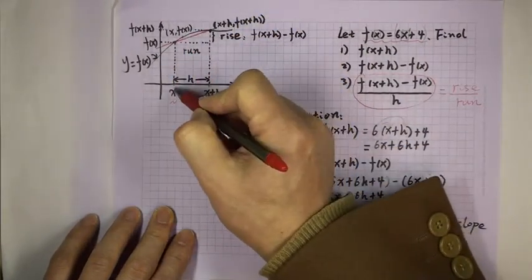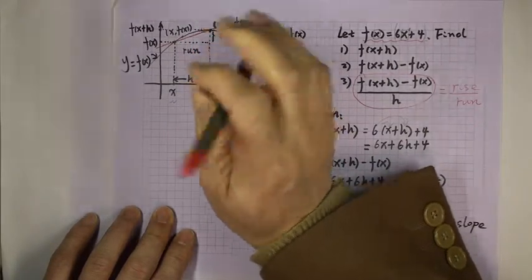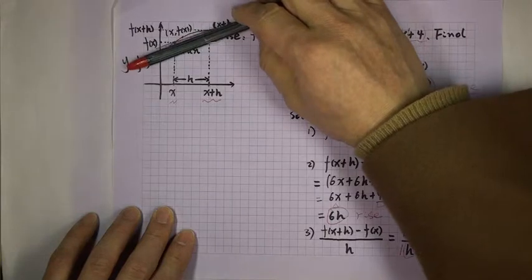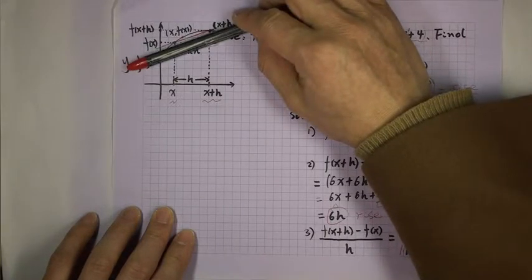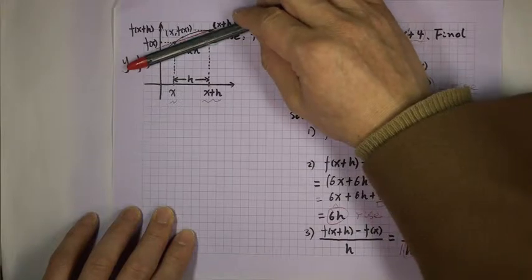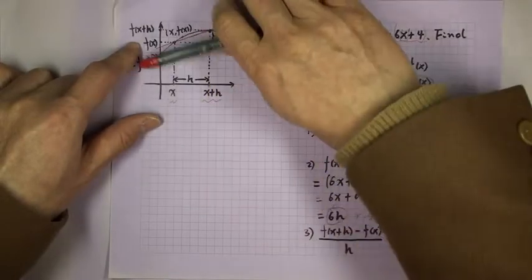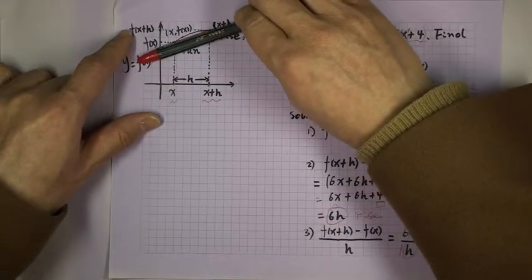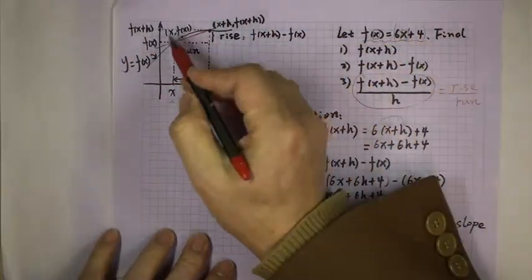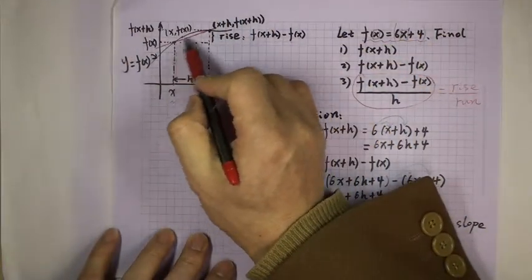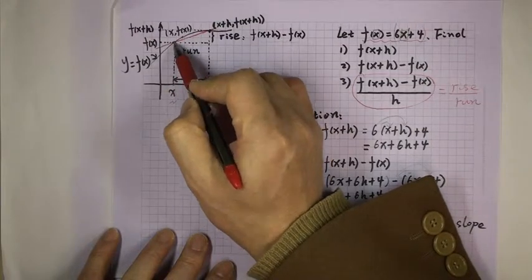Or maybe it even tends to 0, so this point may get close to this one. Then this line is going to move when the point moves.